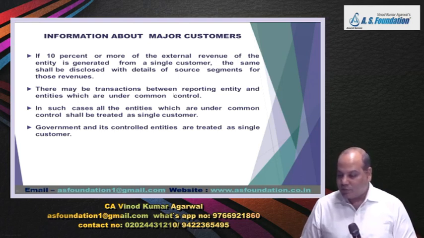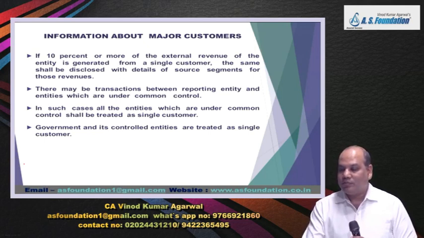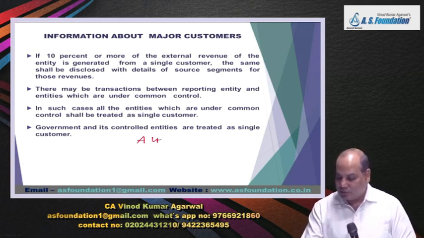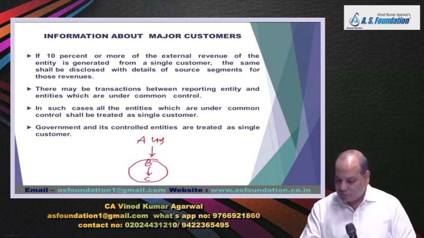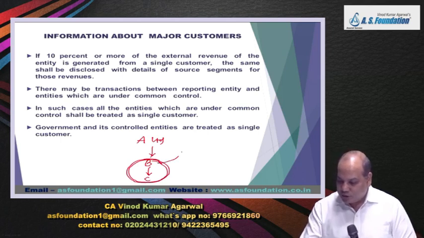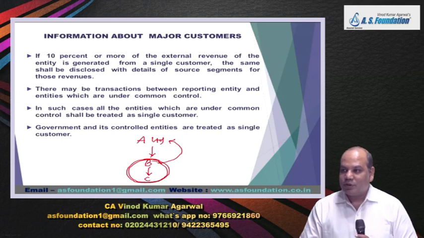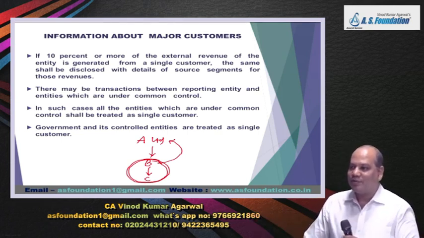There may be transactions between the reporting entity and the entities which are under common control. So now what they are saying, if you are transacting with a group entity, A Limited is transacting with B, and B has a subsidiary C. So both this B and C together will be considered as a single customer. Otherwise, companies will divide their revenue into different invoices, right?